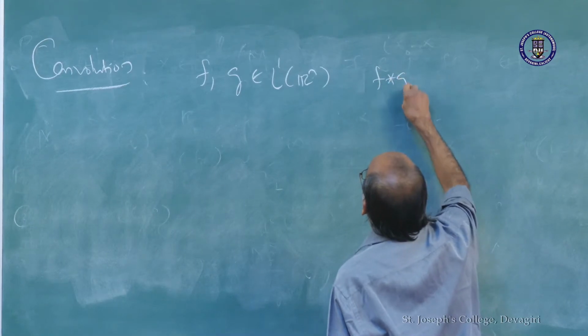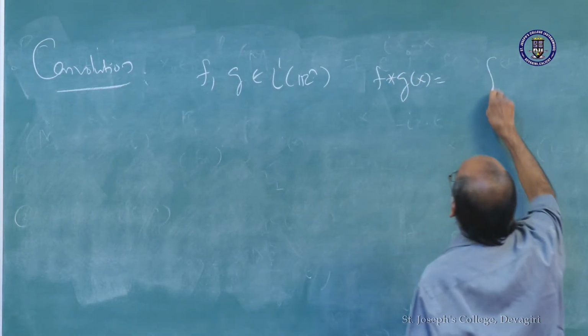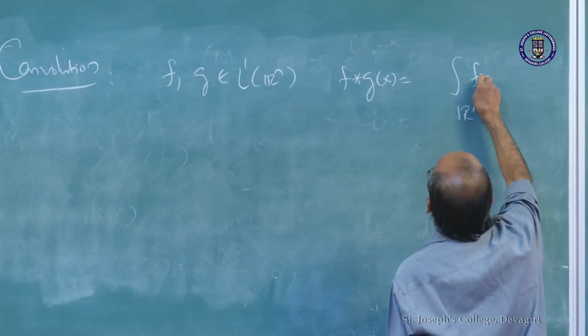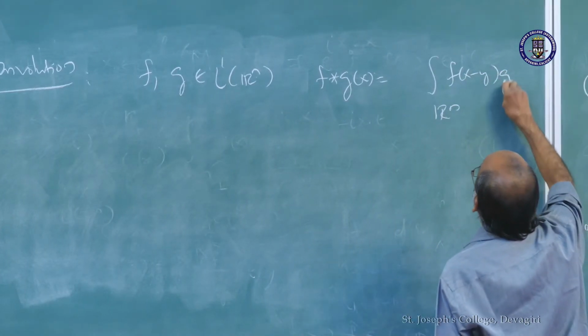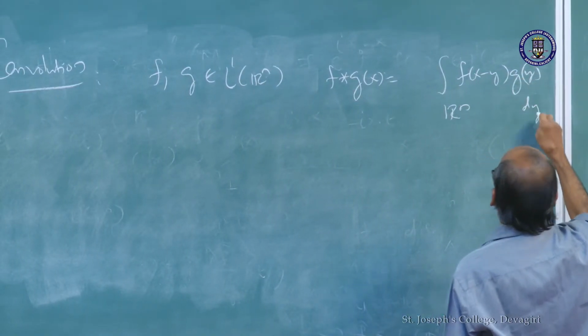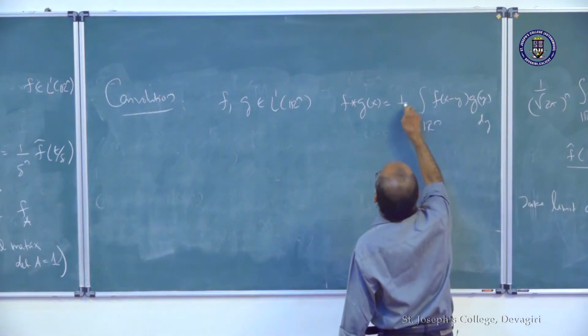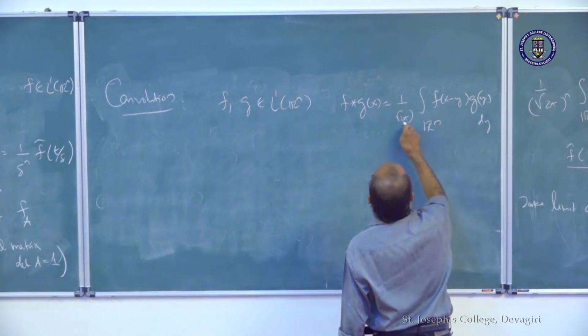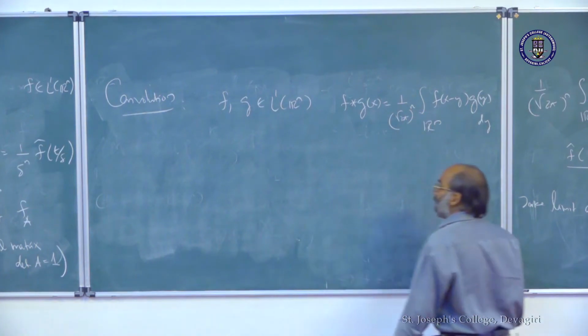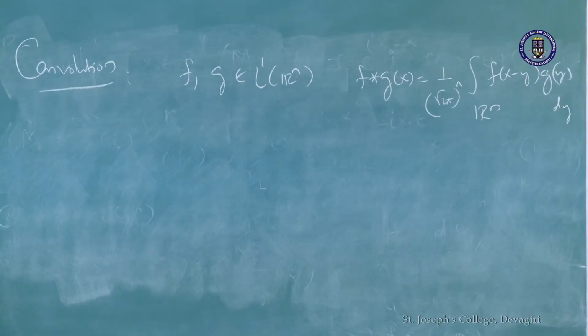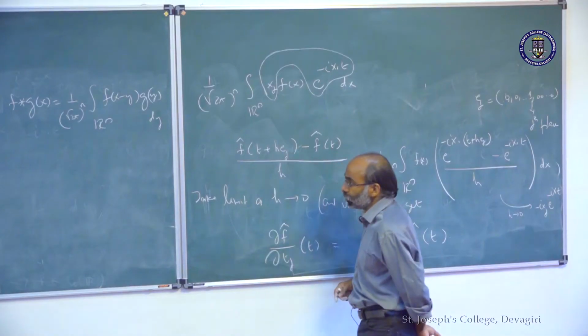So f convolve with g at x, well, if you remember, we defined it to be the integral of f of x minus y g of y dy. But I'll put an extra 1 by root 2 pi to the n here. That's because my definition of Fourier transform has that factor in the beginning. If you had the 2 pi with the exponential, this is not necessary.